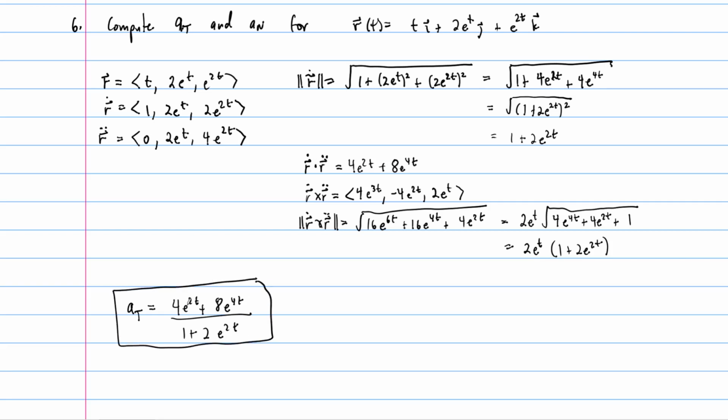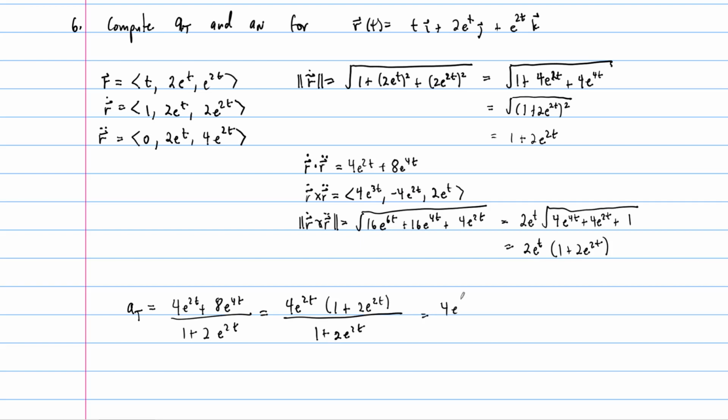You could factor some stuff on the top, but nothing's going to cancel, I don't think. Actually, it will, won't it? So don't jump the gun, because a 4e to the 2t can come out of this, right? 4e to the 2t, and look what's left when you do that. It's 1 plus 2e to the 2t, and that's going to cancel. So this term is just 4e to the 2t.